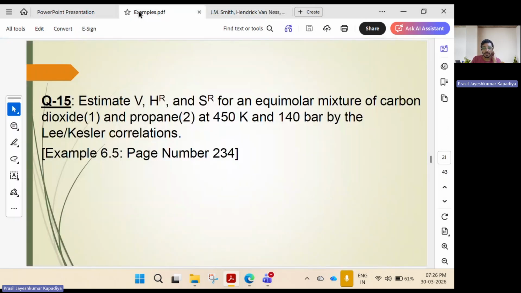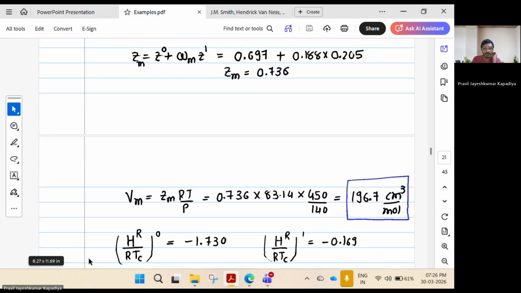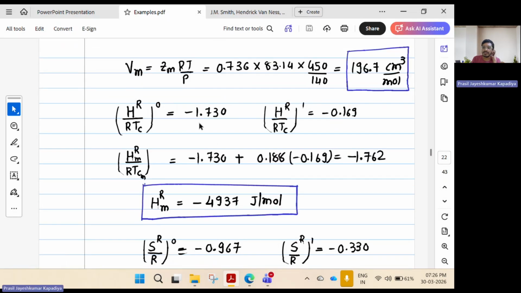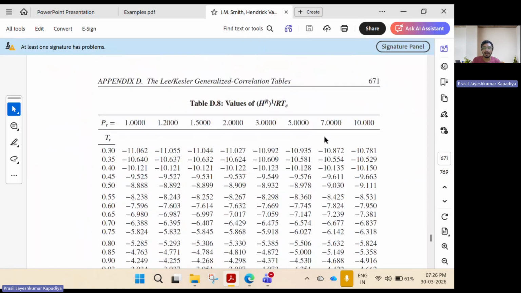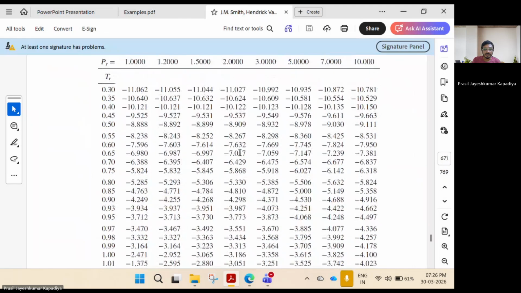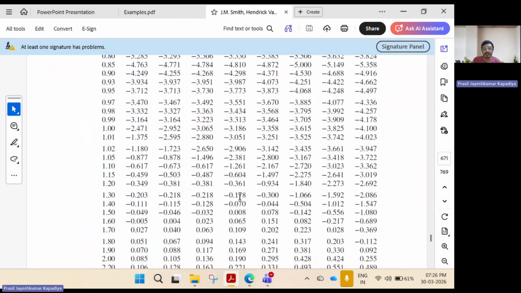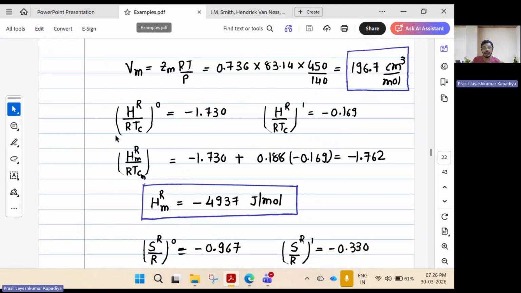So we need to make some approximations. Between minus 1 and minus 1.73, you need to do extrapolation or interpolation, and from there you can find it. Similarly, HR by RTC prime from here should be something similar to minus 0.178.